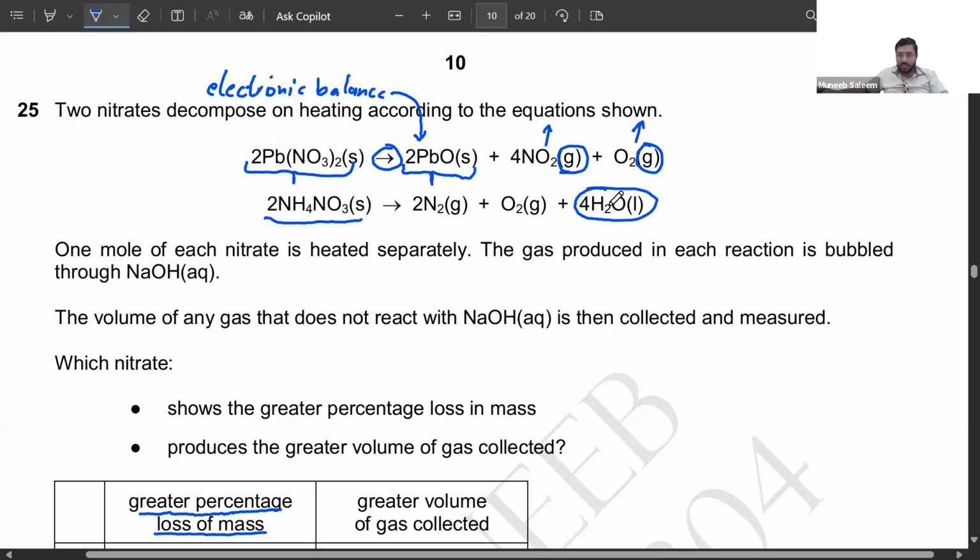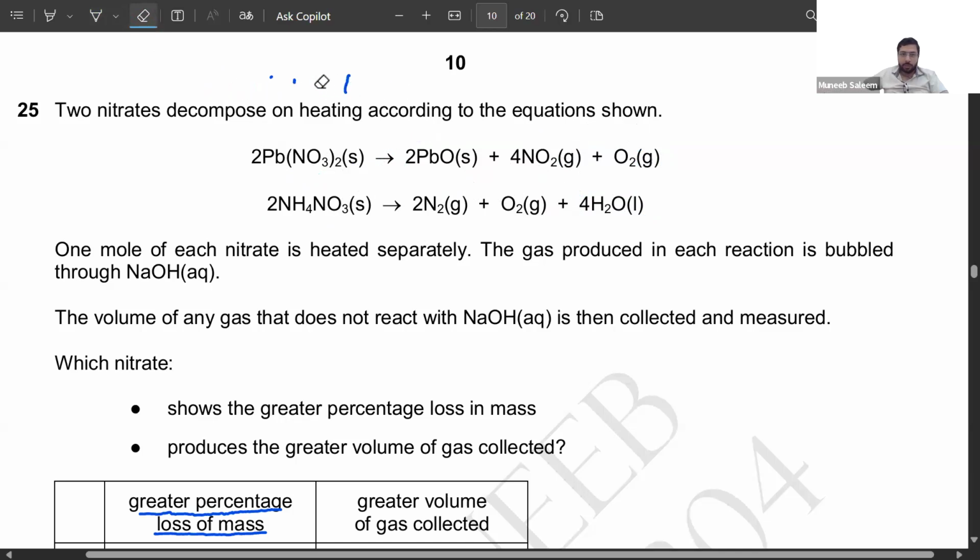It is still there in the system because it could not evaporate or escape. Only these two gases would escape out in the form of gases. So that's how we have to idealize, or we have to do the strategy to find out the answer.